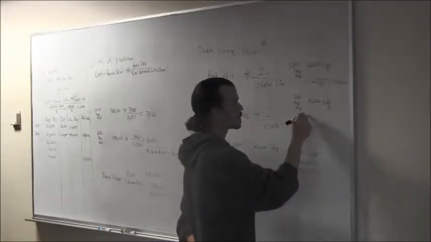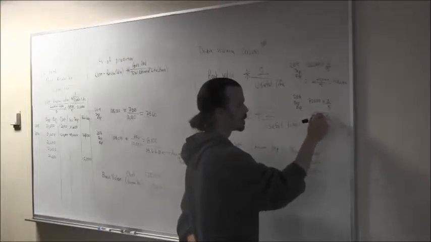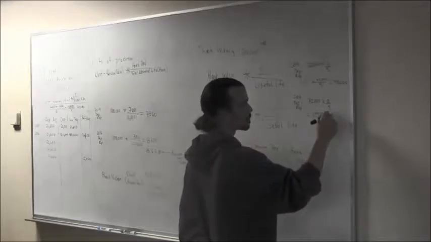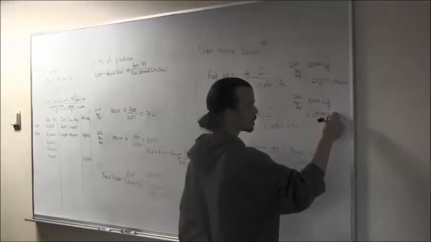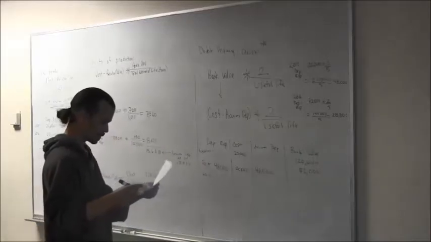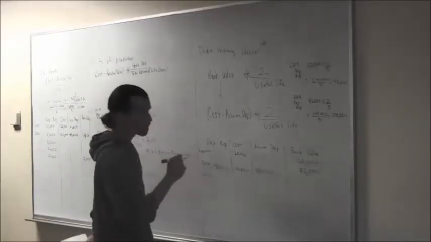So this is 144 over 5, which gives me some number. Is it 28,800? I think it is. Yep, 28,800. Okay?